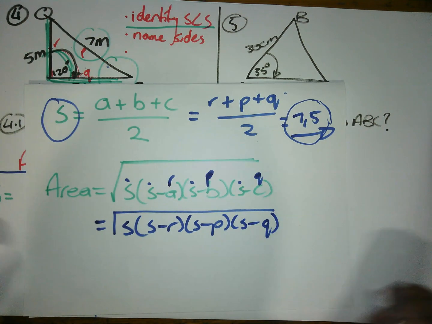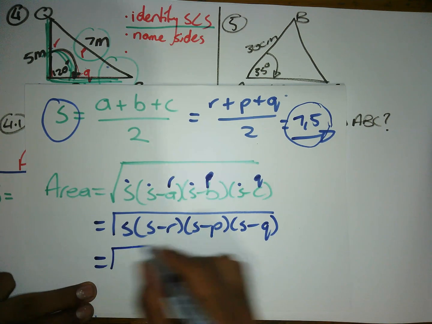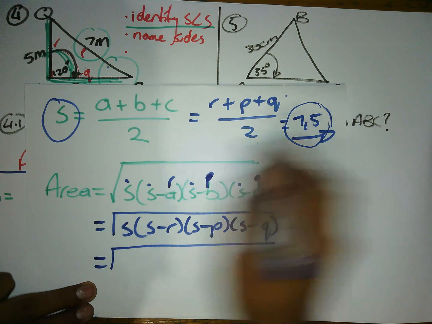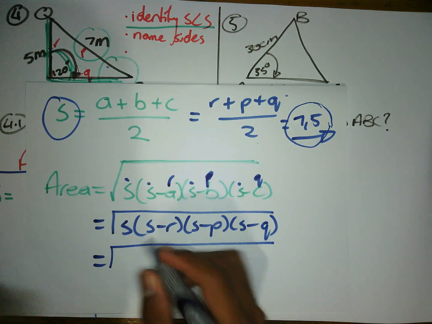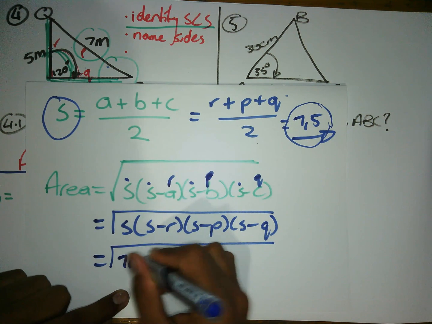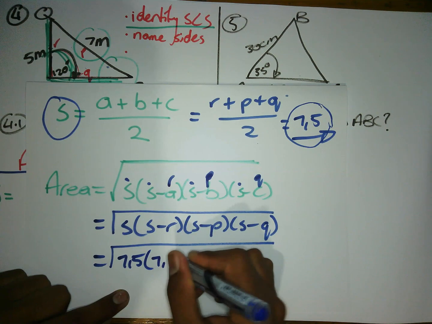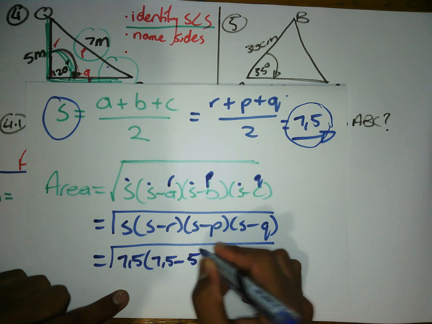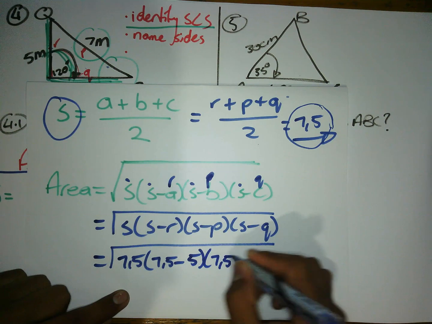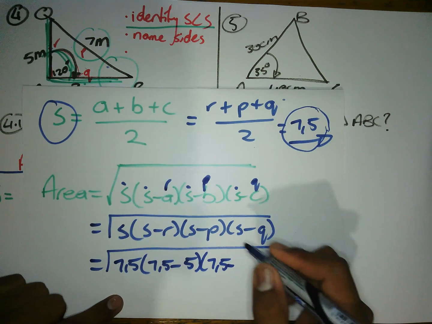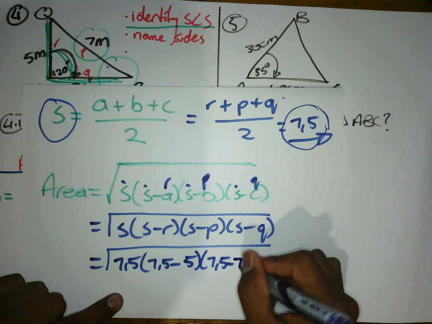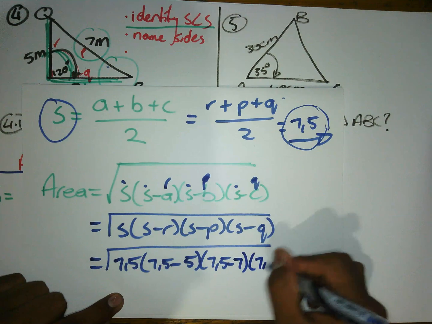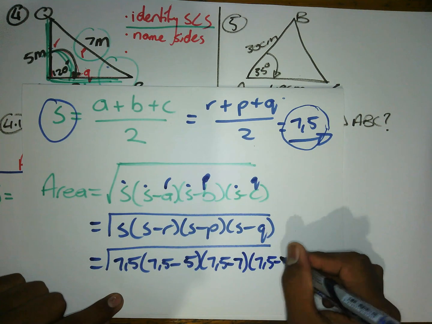So all I do is substitute in my calculated constant, which is 7.5, 7.5 minus my R, which is 5, 7.5 minus my P, which is 7, 7.5 minus 3.